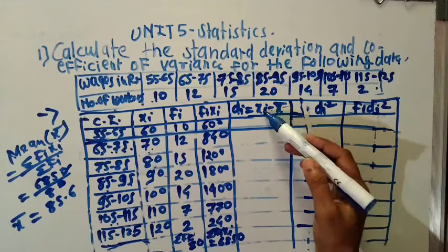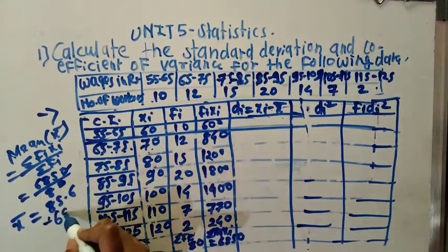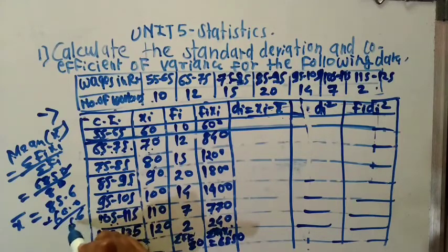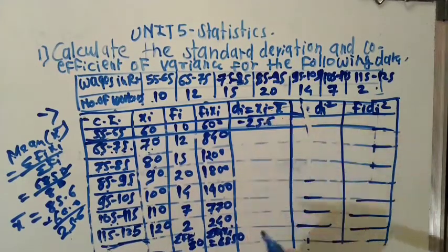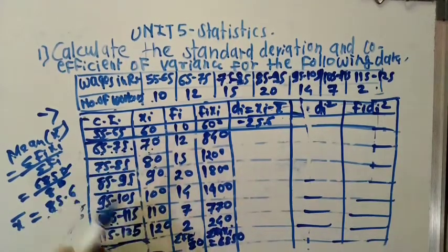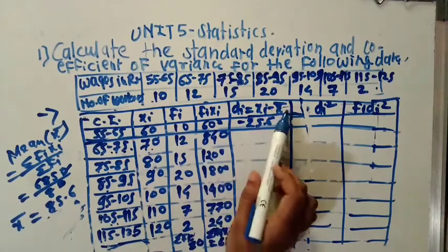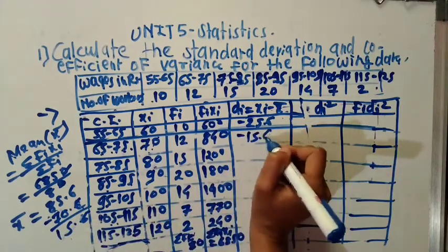Then find out xi minus x bar, means 60 minus this, so minus 25.6. Then 70 minus this is minus 15.6.